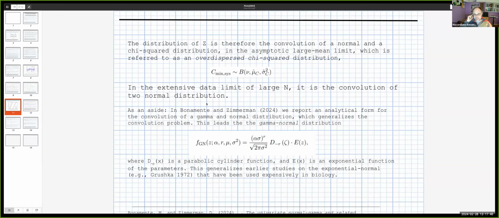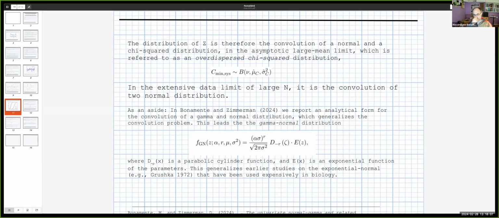So what is the distribution then of Z? Z is the C minimum systematic. Well, clearly in the large mean limit it is the convolution of a normal and a chi-square distribution. Of course, the chi-square distribution is itself normal if n is a large number, so obviously the convolution of normals remains normal.